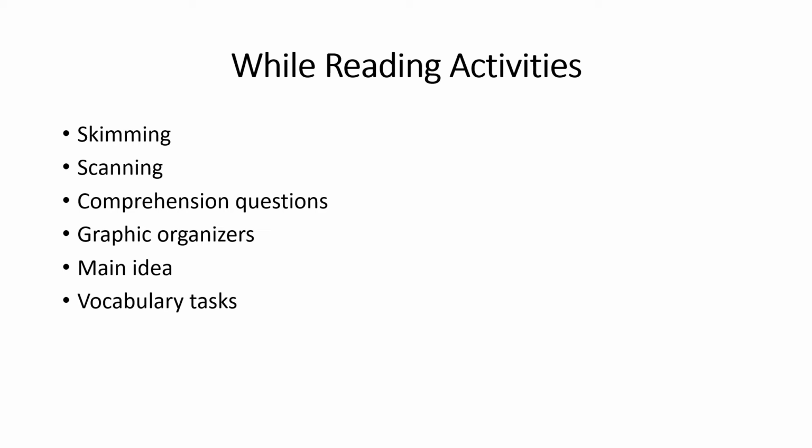We can ask them to highlight main ideas or write main ideas maybe in 50 words, 40 words. We can set any word limit, it's up to us. We can also set vocabulary tasks so that they can improve their vocabulary, and this is how they are interacting with the text.